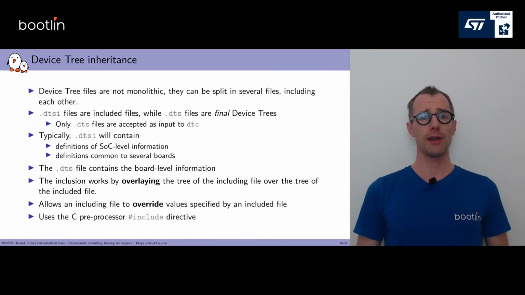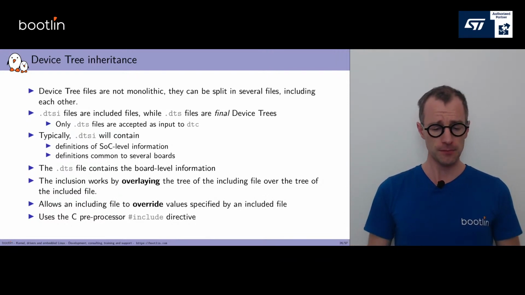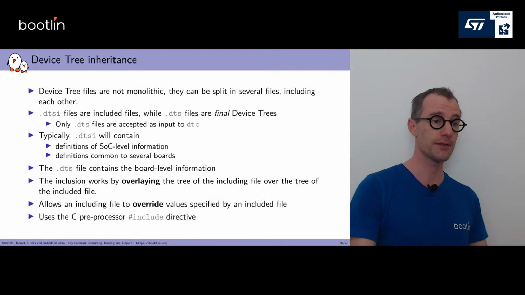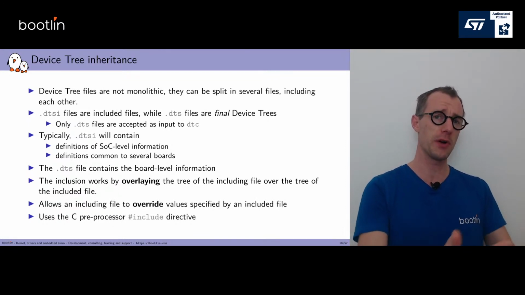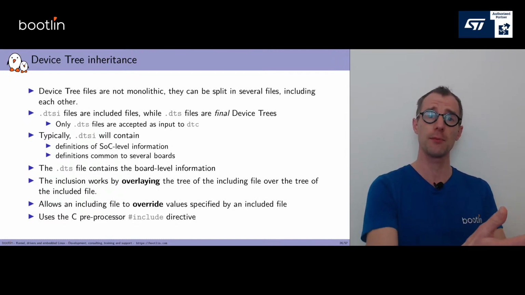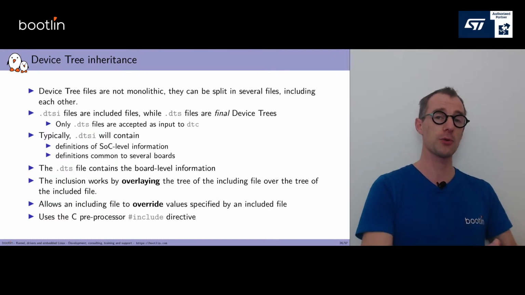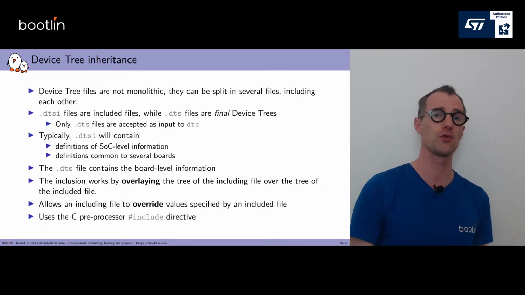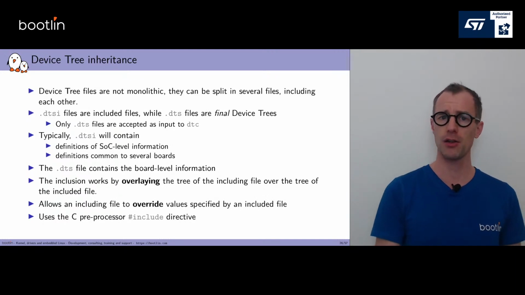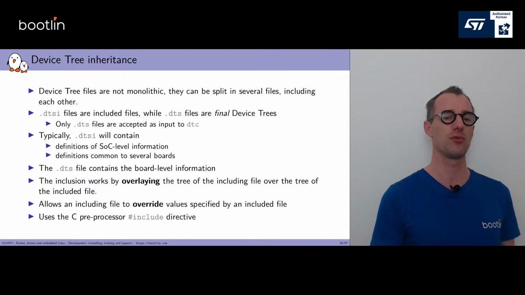But it turns out that if you write a DTS for two boards that use the same system on chip, well, they are going to contain very much the same thing, right? Because they have the same processor. All the description of the hardware blocks inside the system on chip will be exactly the same for those two boards. So it doesn't make a lot of sense to duplicate that in multiple DTS files.